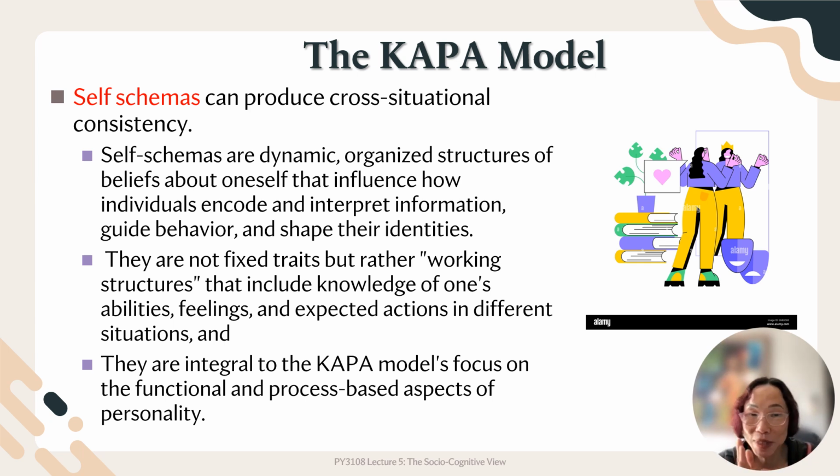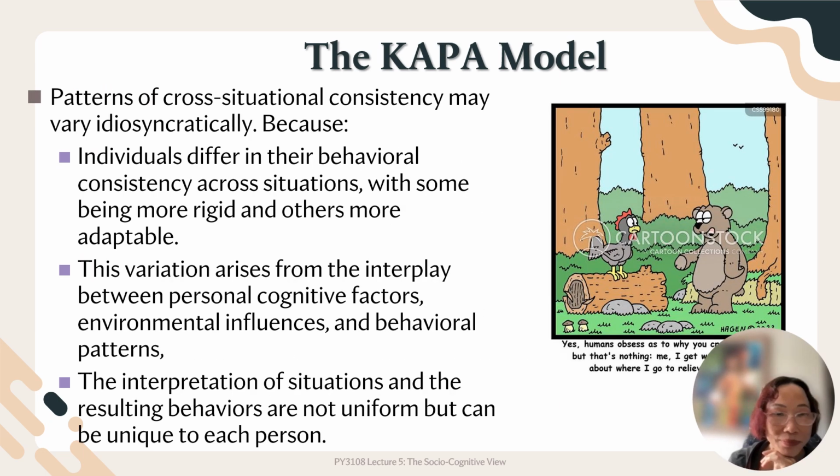So it's not focused on the static traits, but rather it's process-based. Personality is process-based, and it may change from time to time, and people may behave differently in different situations. So this is the function of self-schema in personality according to the Kappa model.